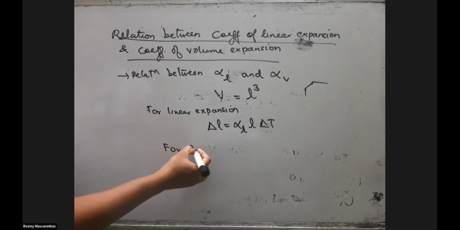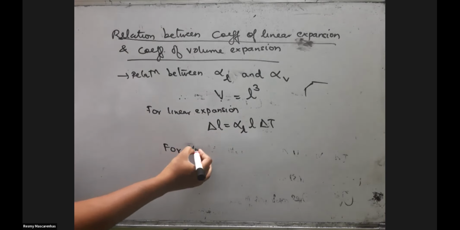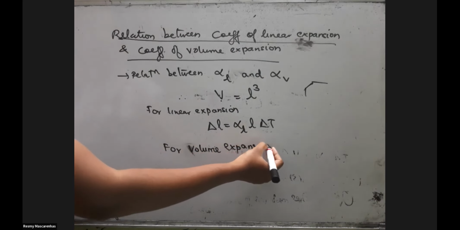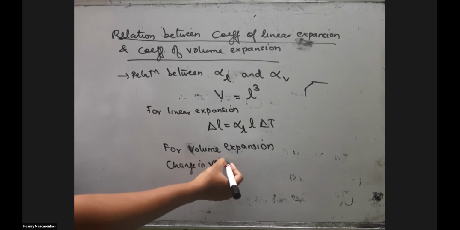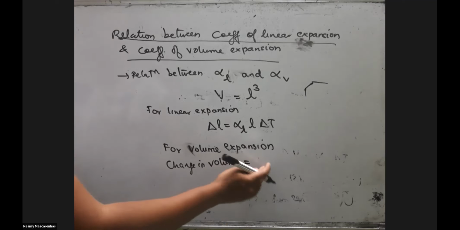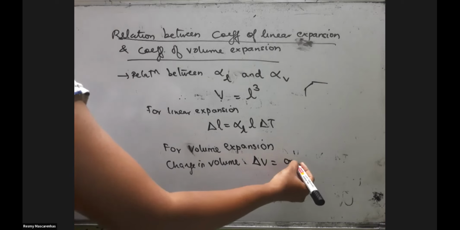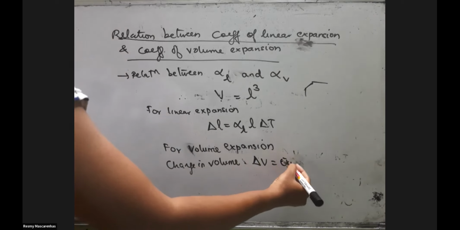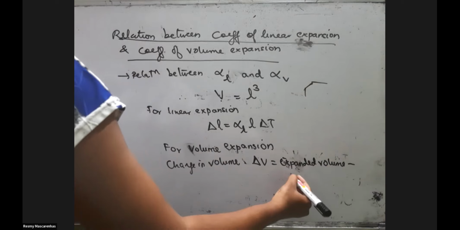For volume expansion, the change in volume, delta V, will be nothing but the final expanded volume minus the original volume.